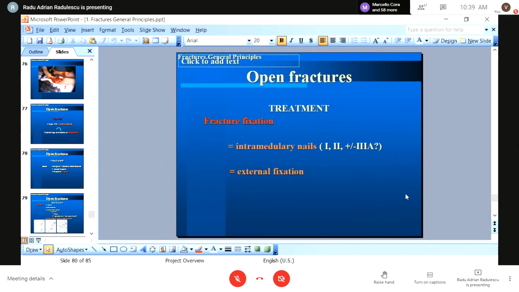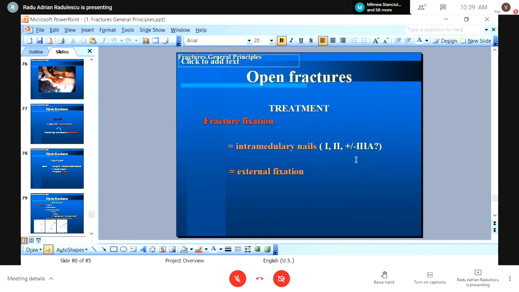Fracture fixation will be done in type 1, 2 by using intramedullary nails. So in open fractures of the first and two types, we can use intramedullary nails like for normal fractures. We cannot do that from type 3A, B, and C, of course.